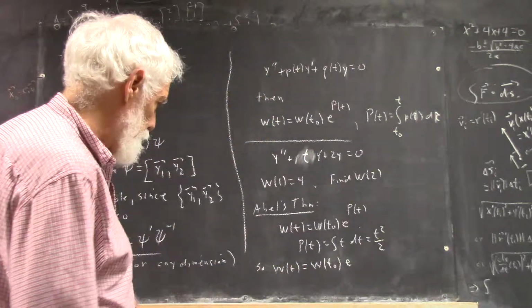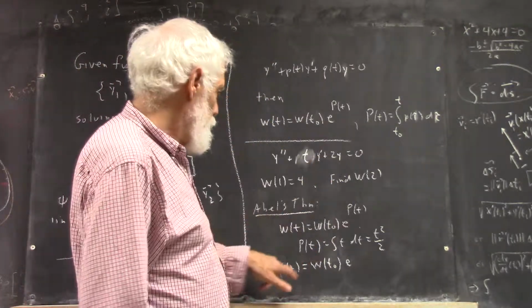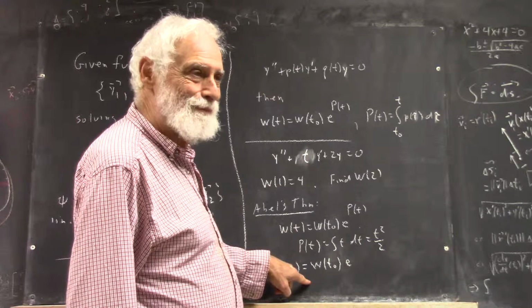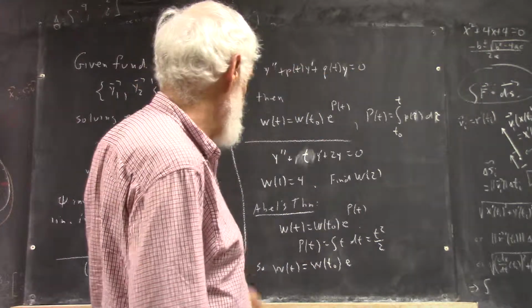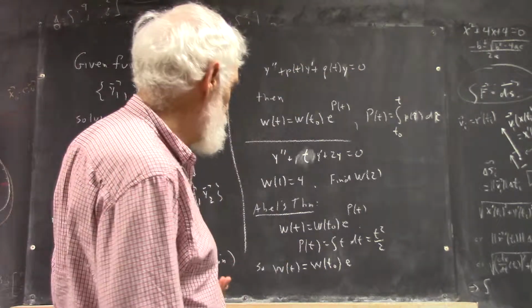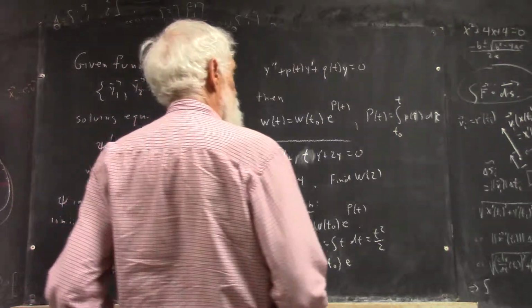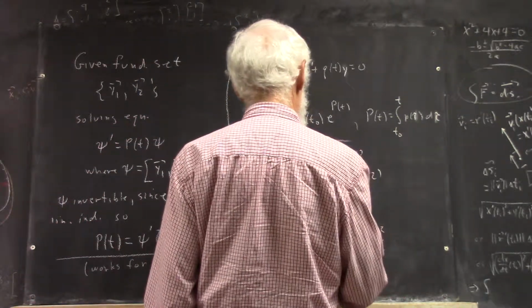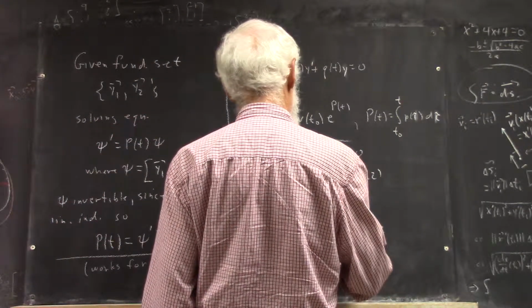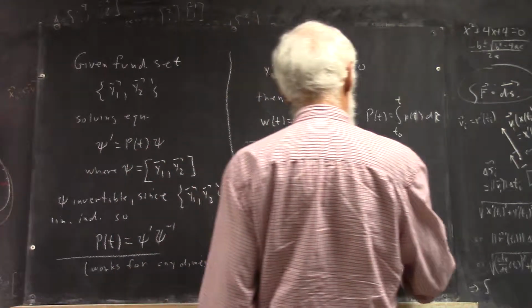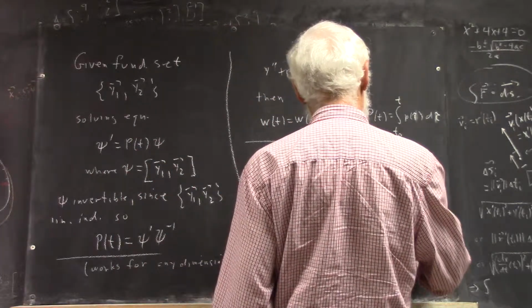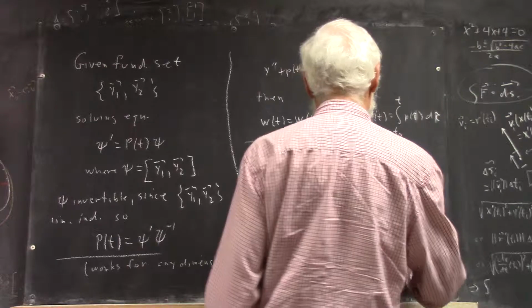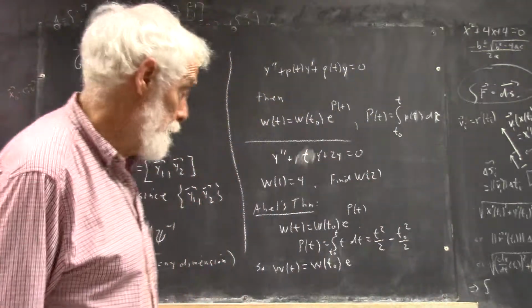Carelessly didn't write that down. I wasn't thinking until I got here, and I said, wait a minute, yeah, we need that. Okay, so you got W of t equals W of t naught times, and it's from t naught to t, so that's t squared over 2 minus t naught squared over 2.